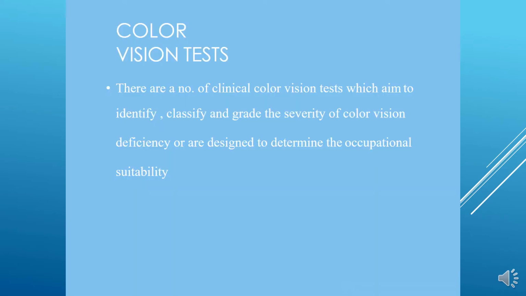Now, there are a few particular tests we perform in our physiology lab for color vision, and the aim is to identify a particular deficit, to classify and grade the severity of the color vision deficiency, and to determine whether the person is suitable for a particular occupation with the color vision test.